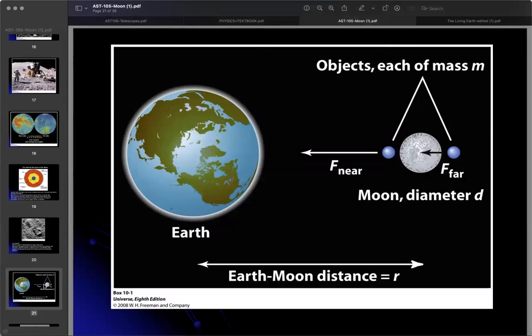We talked in chapter 3 about how the moon produces a tidal force on the Earth, producing the tides. In the same way, Earth's gravity also produces a tidal force on the moon, stretching it in the direction lining up with the Earth.